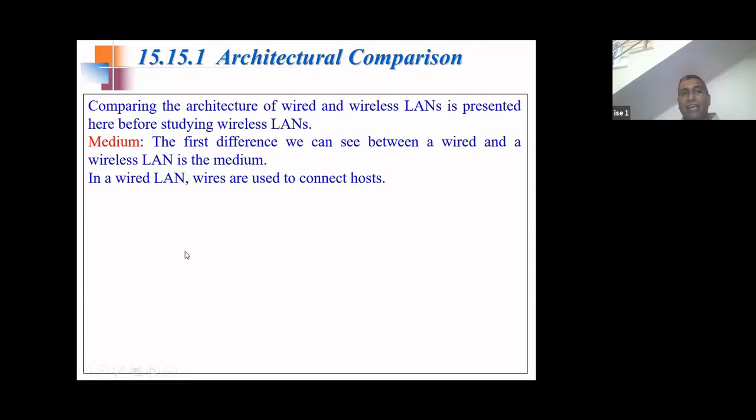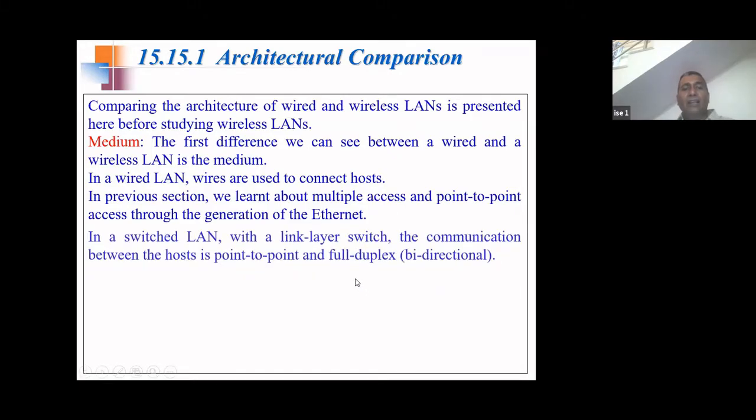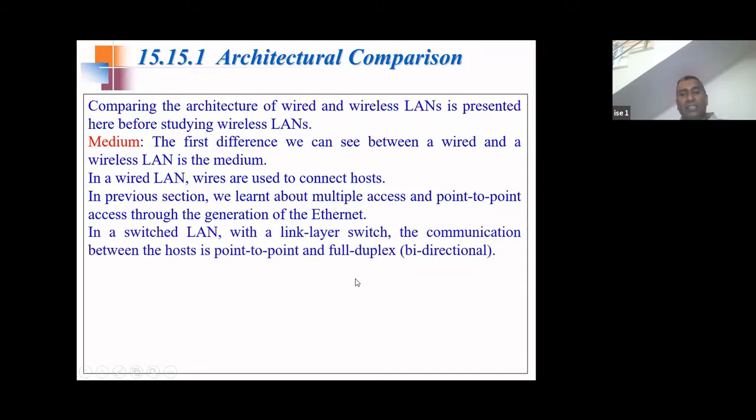In a wired LAN, wires were used to connect the hosts, as we have seen in the previous section. Multiple access or point-to-point access was allowed through the various generations of Ethernet. In a switched LAN, with a link layer switch, the communication was point-to-point and full duplex, bidirectional.